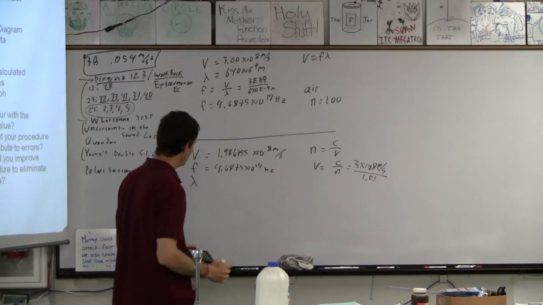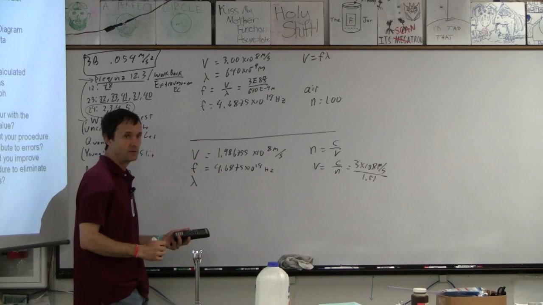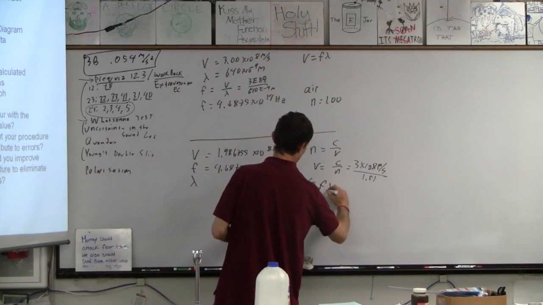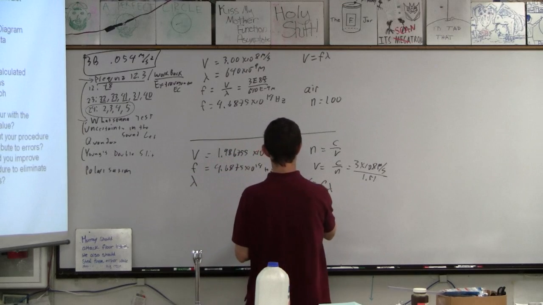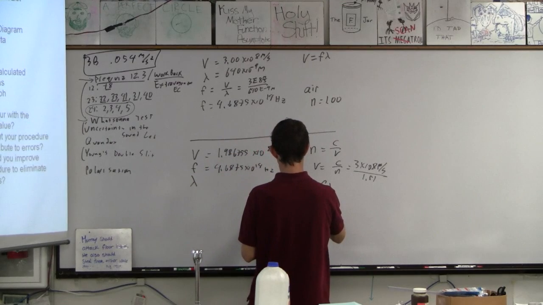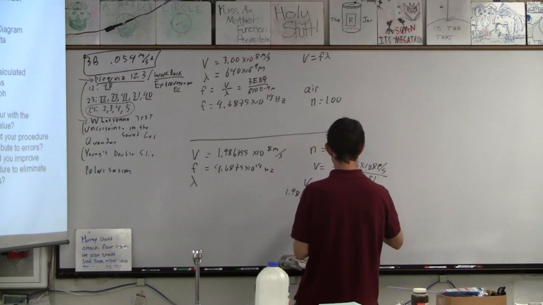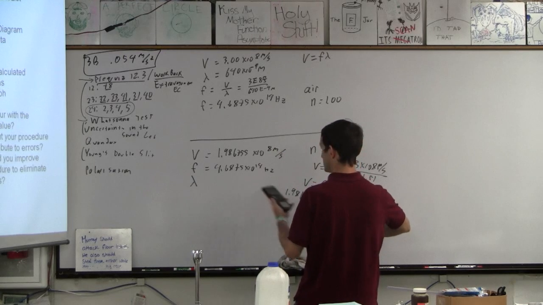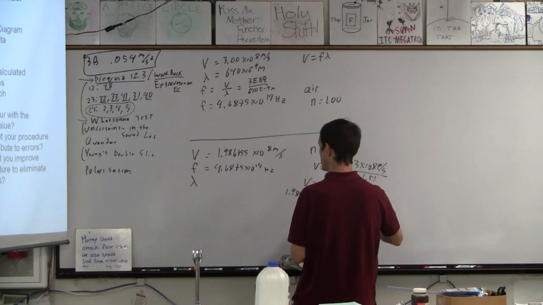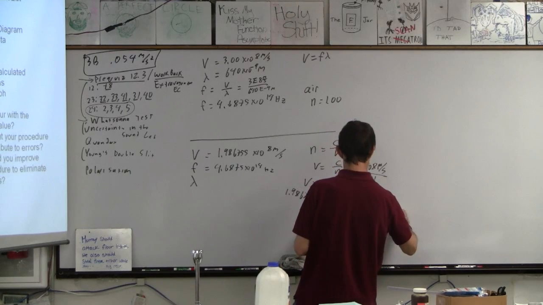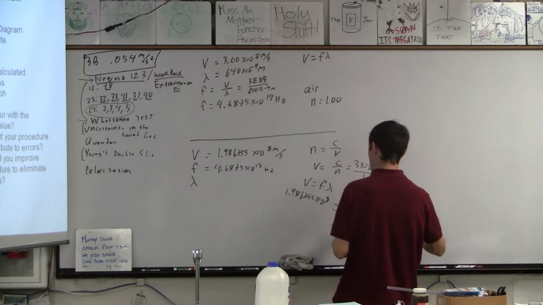And then the wavelength, how do I do the wavelength? Do I just use v = fλ? Right, so the same velocity, 1.986755 times 10 to the 8th equals frequency, which is the same frequency, 4.6875 times 10 to the 14th, times the wavelength.